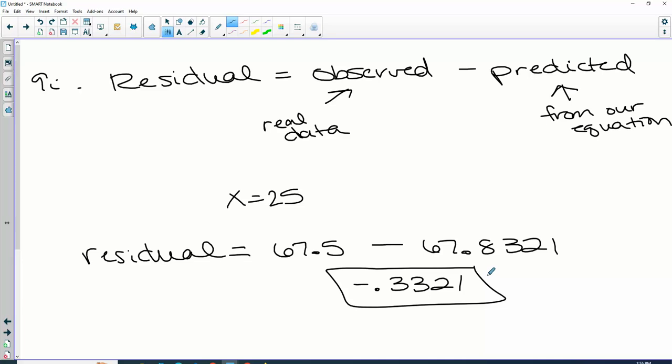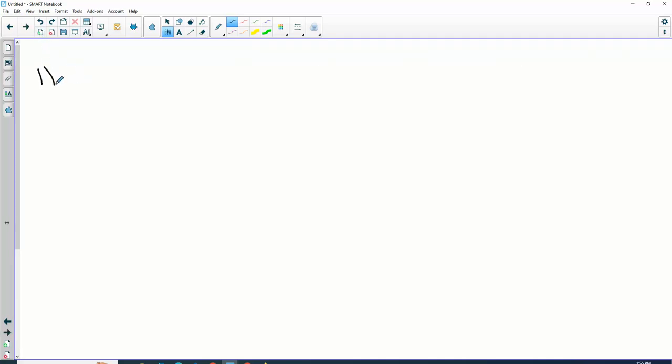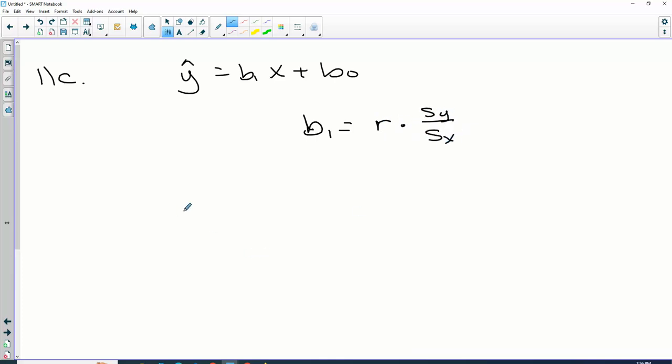So then part C, we are writing the equation. If you look at your formula sheet, it tells us the equation of the least squares regression line, y hat equals b sub 1 x plus b sub 0. And it tells us b sub 1 is r times standard deviation of y divided by standard deviation of x.